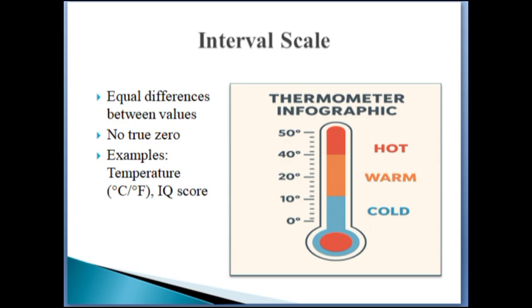However, interval scales do not have a true zero, so ratios cannot be interpreted. 40 degrees centigrade is not twice as hot as 20 degrees centigrade. Other examples include IQ scores and SAT scores. Analysis includes mean, standard deviation, correlation, and regression.